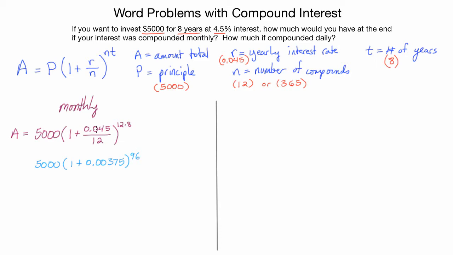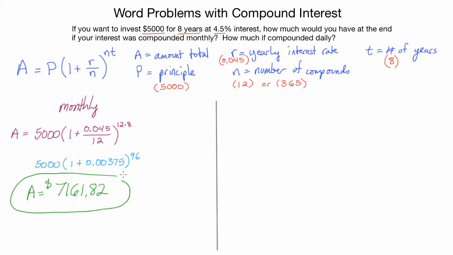So I'm just simplifying some things here. And if I put all that in, 5,000 times 1.00375 to the 96th power, we get that my amount equals $7,161.82.